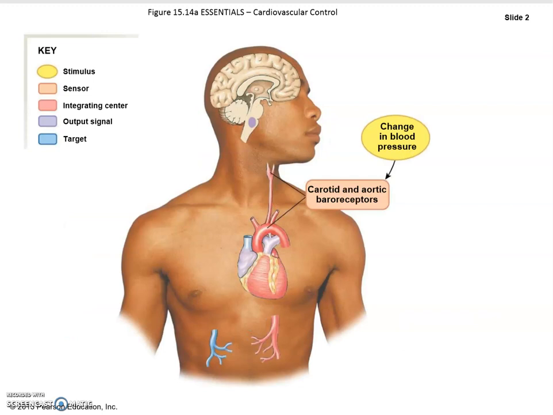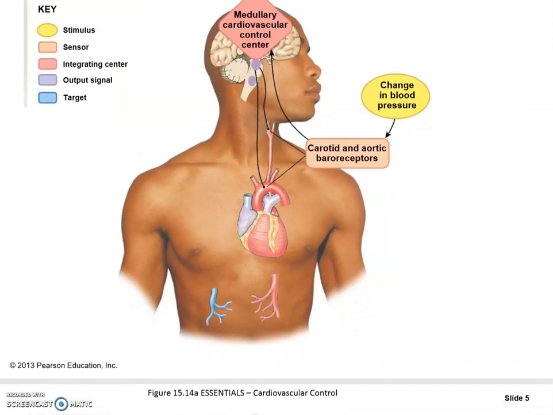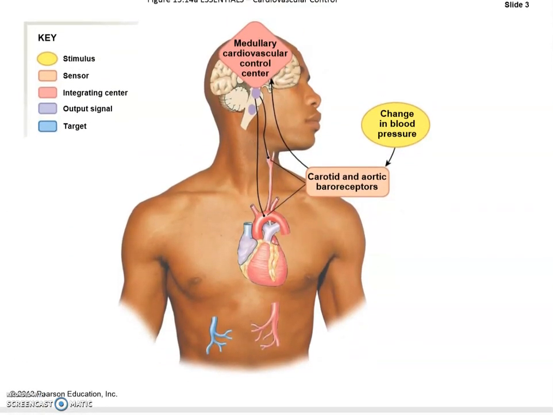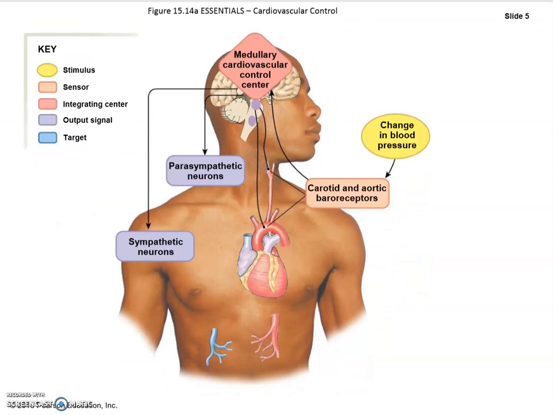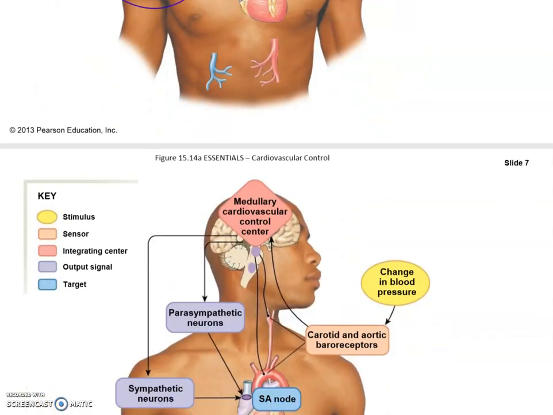Here we have the whole process in steps, and in your aortic arch right here and in the carotid sinuses you have baroreceptors. They measure blood pressure. They will sense any change in blood pressure and report that to the brain stem. So here any kind of change in blood pressure will be reported to the cardiovascular control center. And once the cardiovascular control center has received that information, it will make a decision of what needs to be done, and it will activate either parasympathetic neurons or sympathetic neurons, depending on what your body needs at that time.